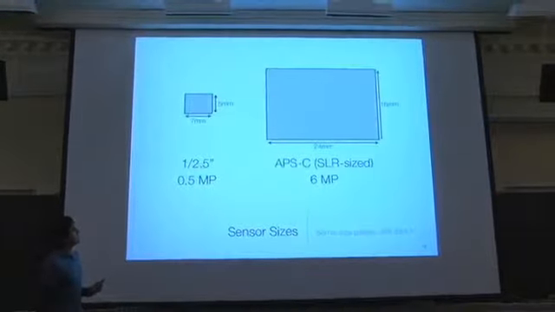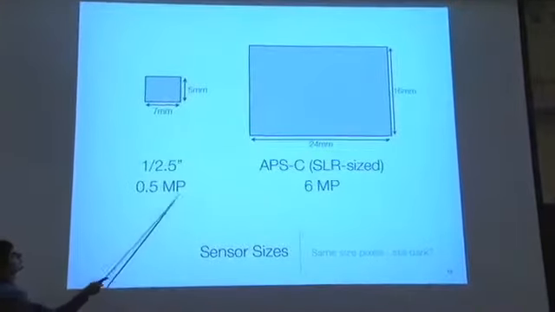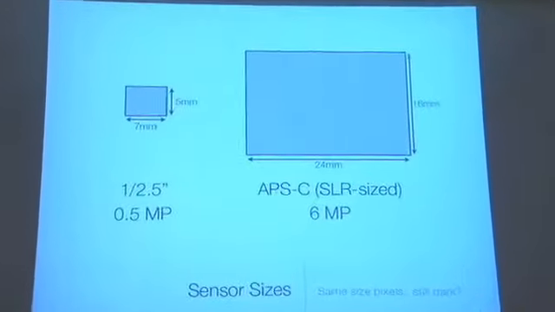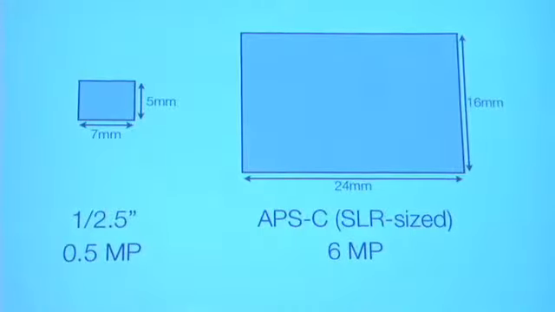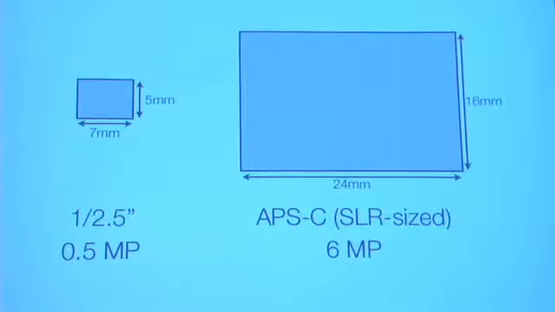In this case, the sensor on the left is only 0.5 megapixels versus the sensor on the right, which is 6 megapixels. If you do the math, the one on the right still has 3,000 pixels across, 2,000 pixels down, while the one on the left now has much fewer: about 875 pixels across by about 571 pixels down.